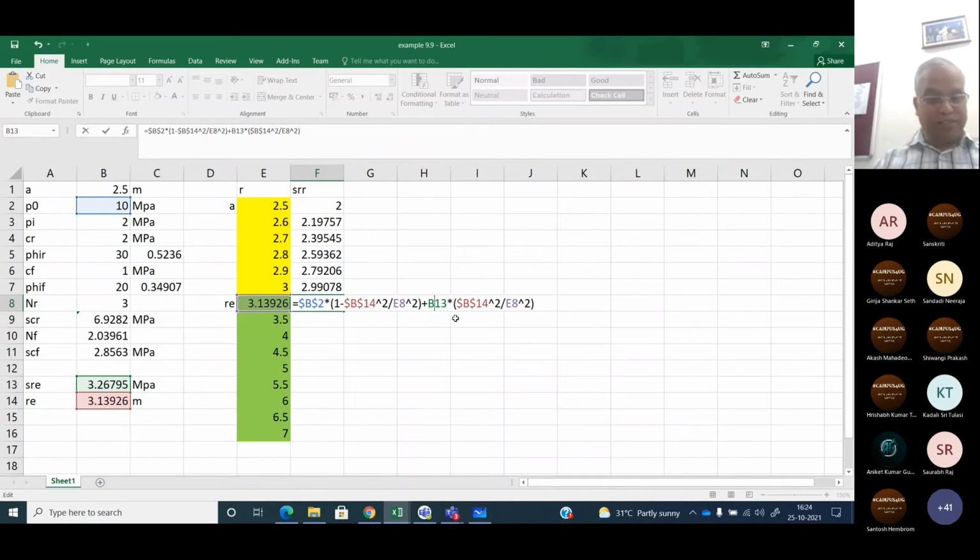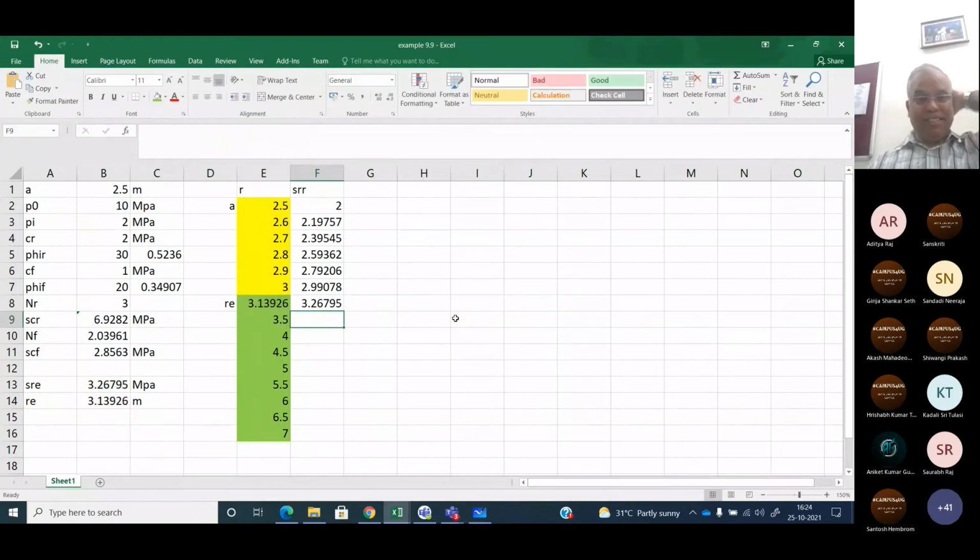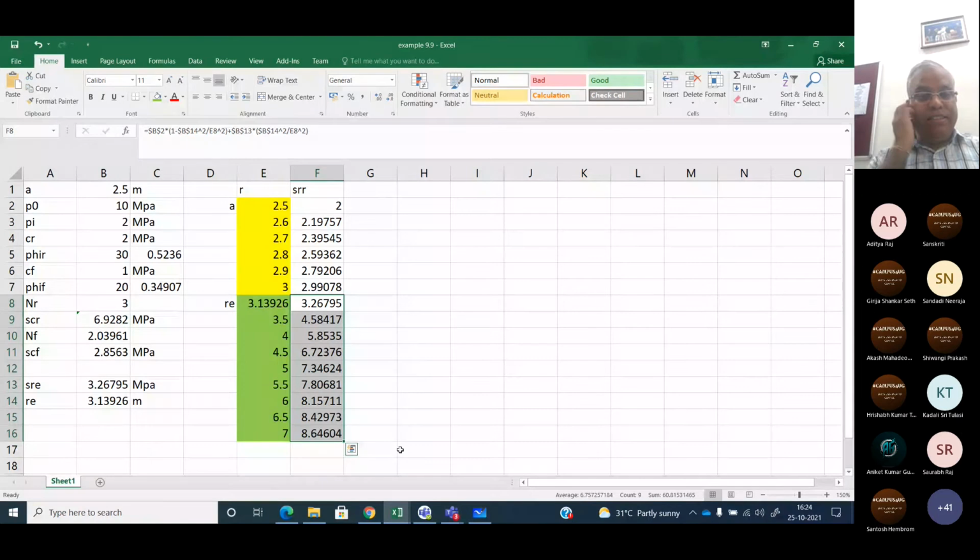This is sigma RE, and it will also be fixed because this is not changing. So this is 3.26, and this is how sigma RR is increasing, and it will gradually go towards 10 because we have given P naught. This is 10.